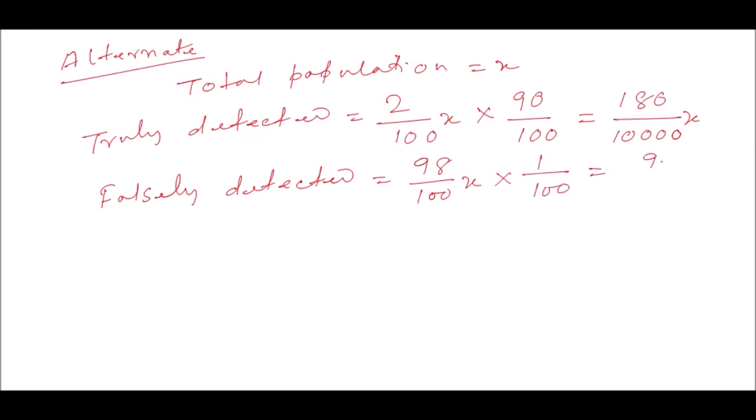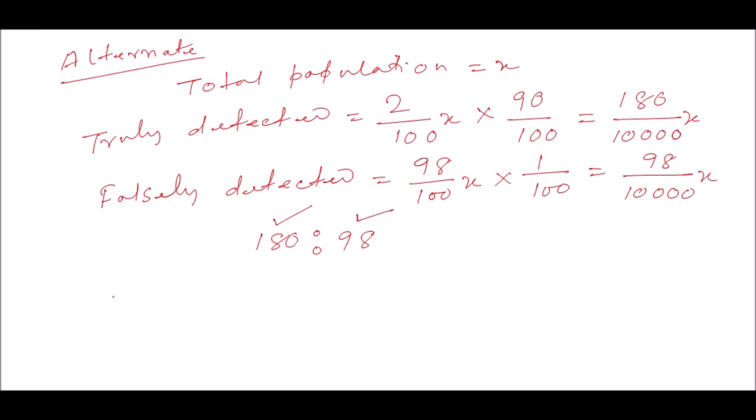Therefore, 98 divided by 10,000 times X are falsely detected as having malaria. Therefore, whatever the ratio of them, 180 is to 98 is the ratio. And these are the ones who actually have malaria, and those who are falsely detected.